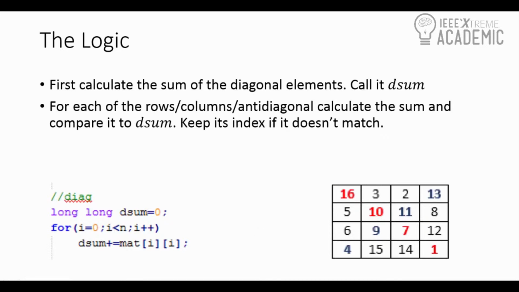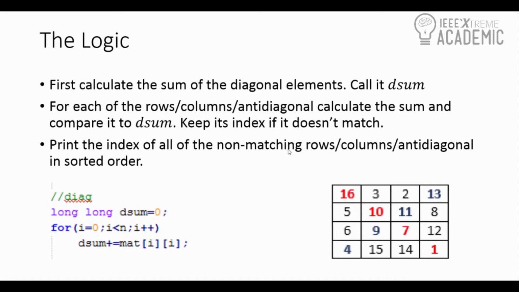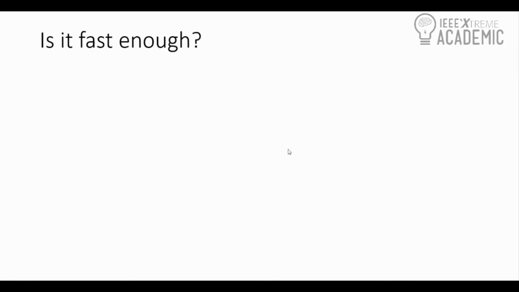We keep that as a separate value, and then we do the same thing for all of the rows, columns, and the anti-diagonal, and compare them to this dsum value. If it's not matching, then we keep that index for printing later on. Yeah, that's pretty much it.